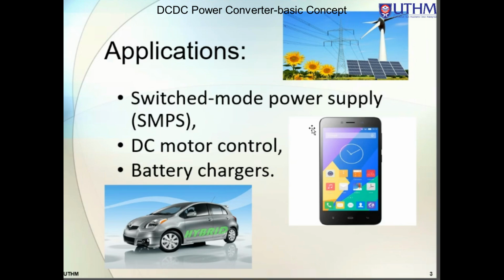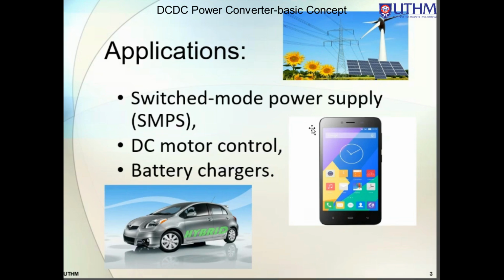Okay, so this is the application for the DC to DC converter. Switch mode power supply, DC motor control, battery charger. So battery charger ni adalah one of the yang banyak digunakan in the DC to DC converter area.